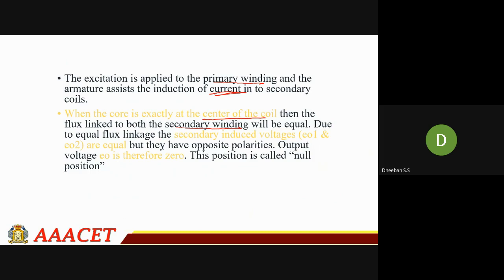Due to equal flux linkage, the secondary induced voltages E01 and E02 will be the same, but they have opposite polarities. If you are giving a positive 5 volts in E1, your E2 will have negative 5 volts. So the entire amplitude will be 0. This is called the null position.